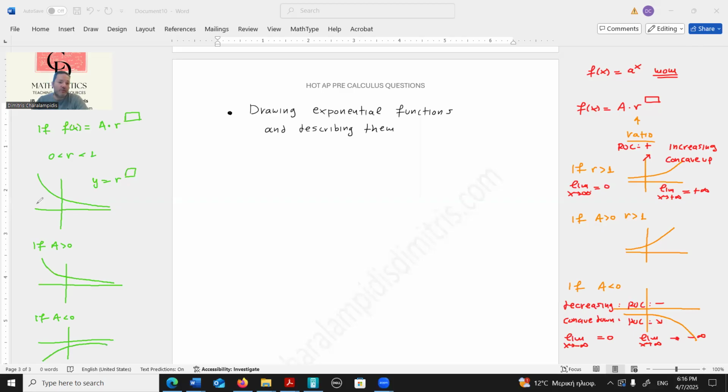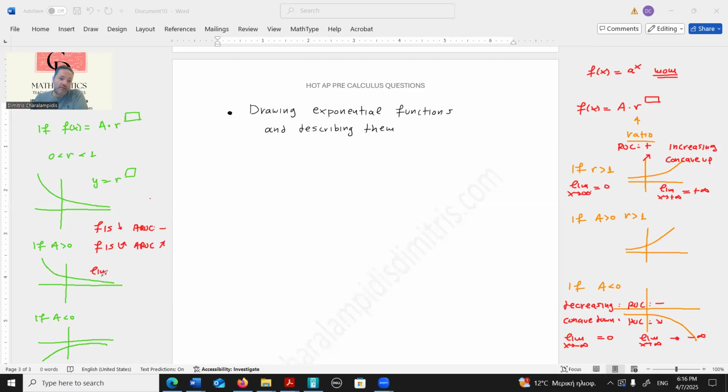Now, with regards to the monotonicity, concavity, and behavior, things would have been different. In the first two cases, f is decreasing, which means that the rate of change is negative. Also, f is concave up, which means that the rate of change is increasing.